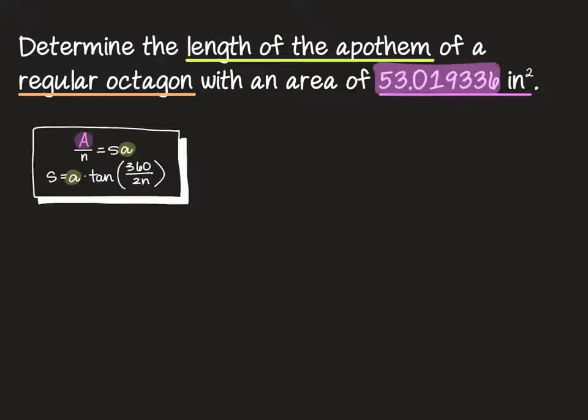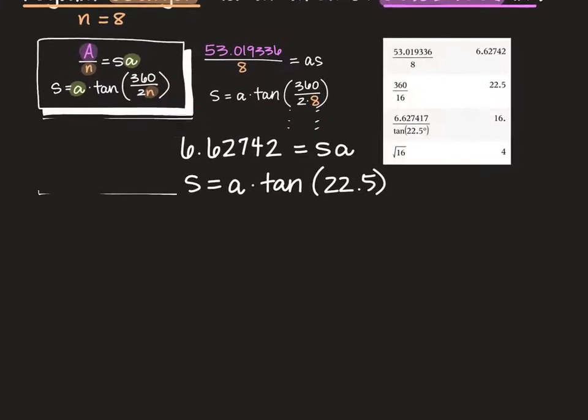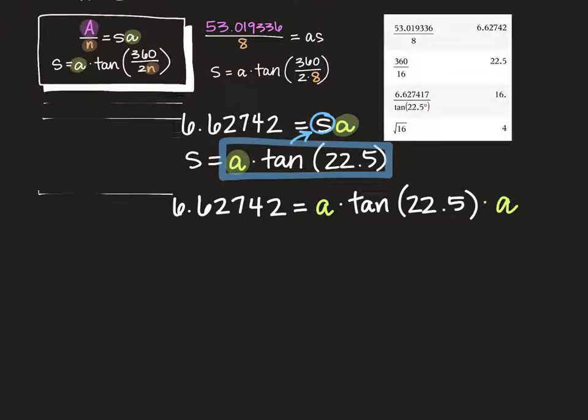So we'll plug in 53.019336 in place of capital A and 8 in place of n, since an octagon has 8 sides. Since this problem is asking us to determine the apothem, we need to solve for a. So we'll want to substitute the expression equivalent to s from our tangent equation into the other equation in place of s, so that we'll have an equation with a single variable a.